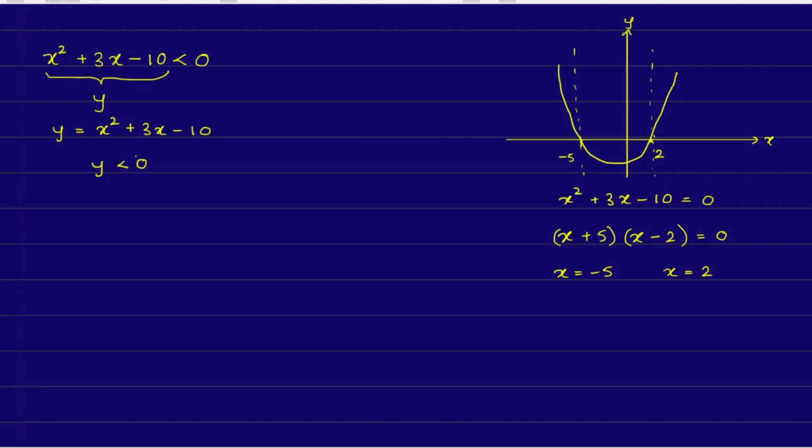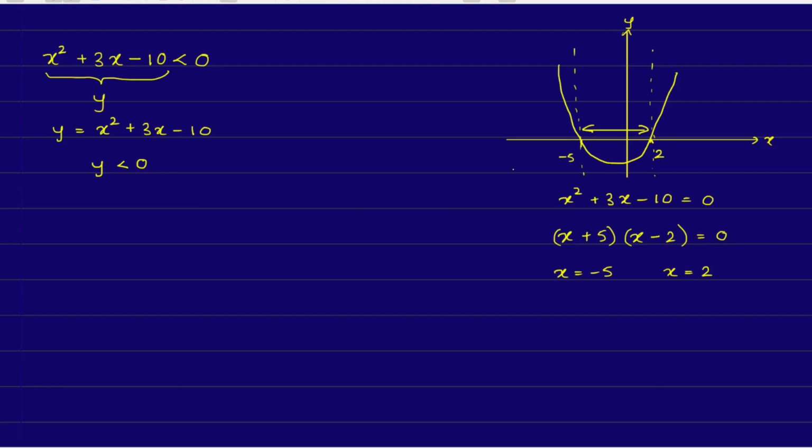Now we want to find where y is less than 0, which means the values of x for which this curve is below the x-axis. And we can see that that region is what we have over here, which means that the range of x that satisfies this inequality exists between minus 5 and 2.